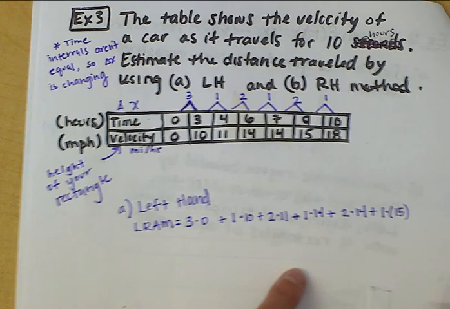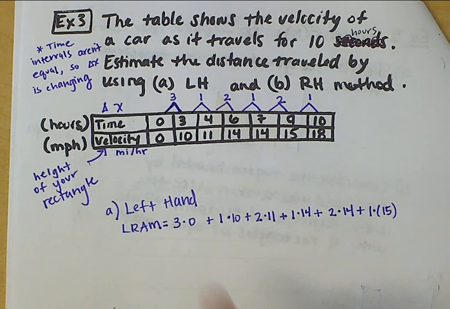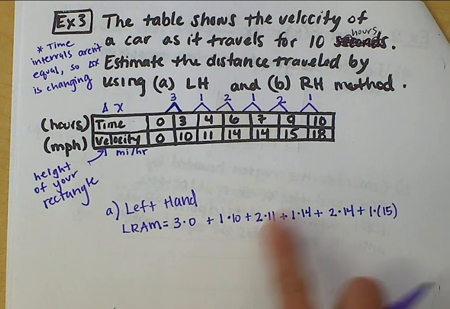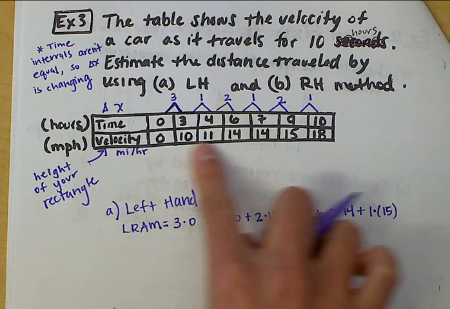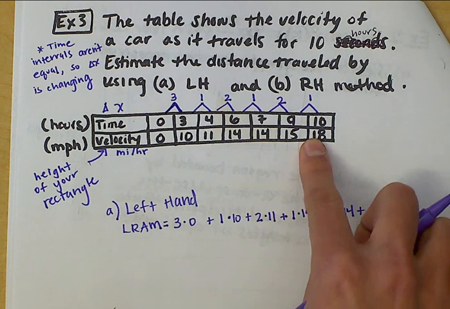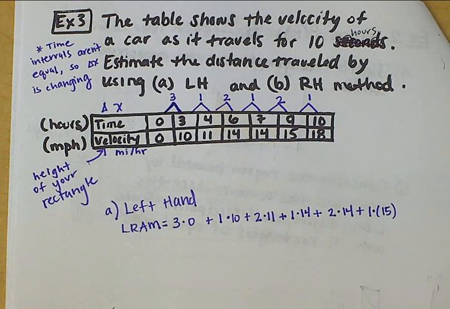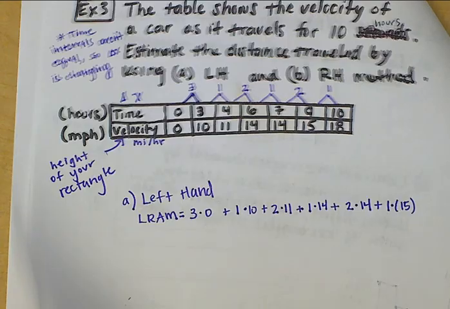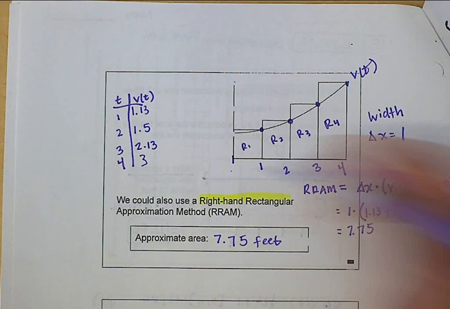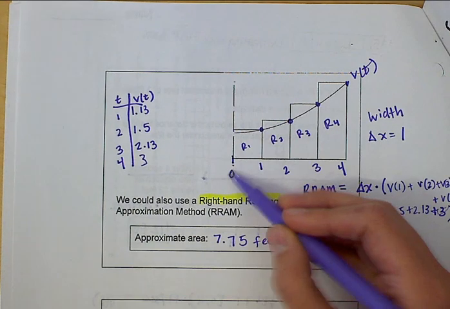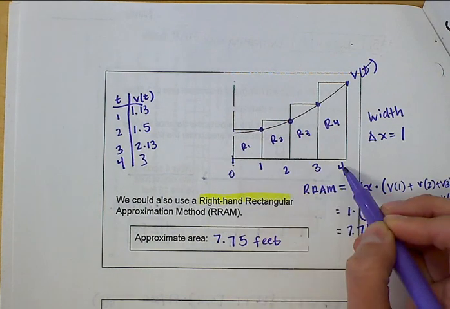Okay. So you notice we have 1, 2, 3, 4, 5, 6 rectangles, even though we have 7 points. Basically, when you have 7 points, you're going to have one less rectangle. It's the same as over here. Like here, we went from 0 to 4. 1, 2, 3, 4, 5 points with 4 rectangles.